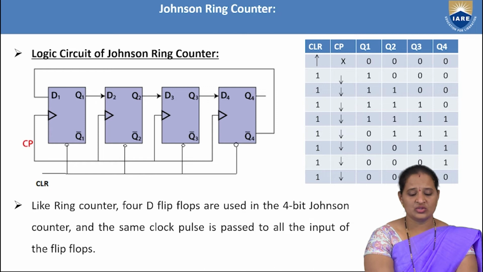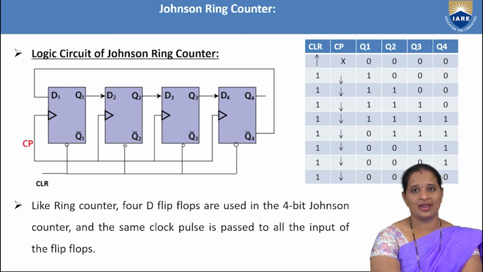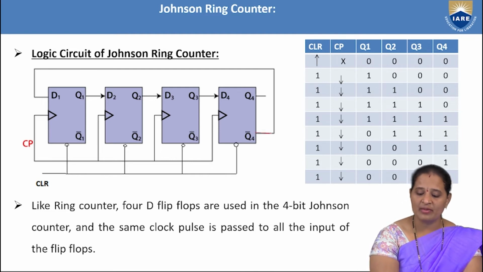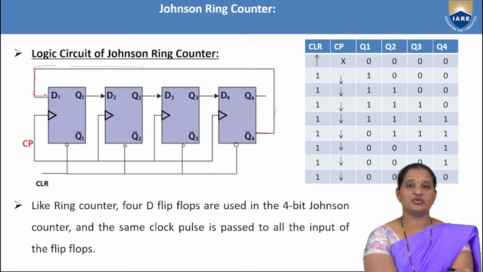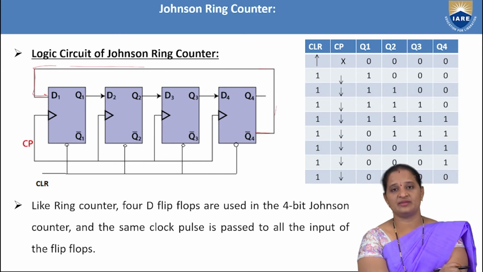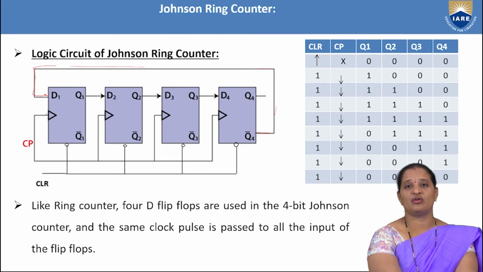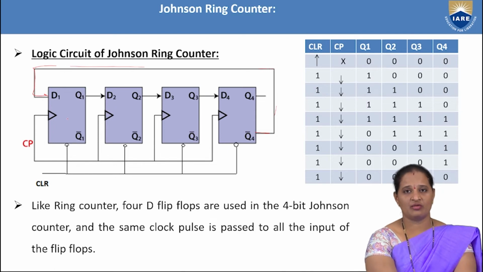The output of the first flip-flop is given as input to the second, the second to the third, and the third to the fourth, whereas the complemented output of the last flip-flop is given as input to the first flip-flop. That is the major difference, whereas in the ring counter we connected Q4 to the input of the first flip-flop.